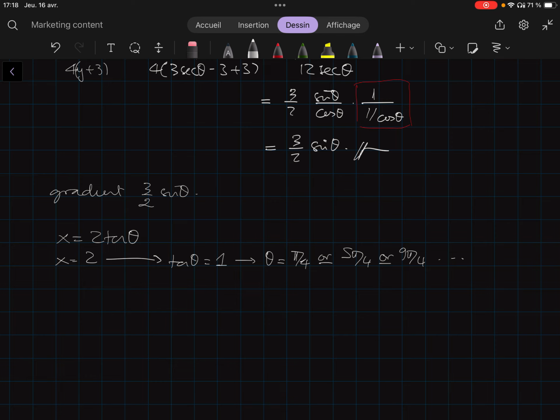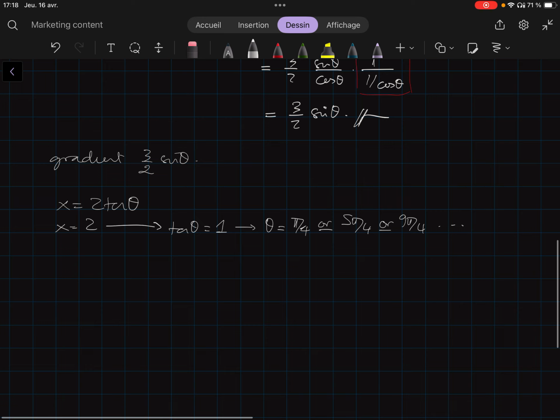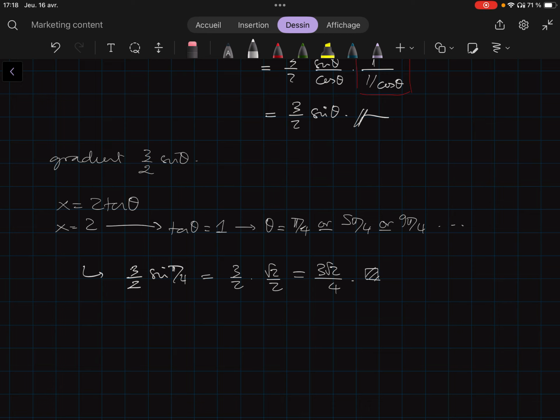This means that 3 over 2 sine of theta also has to be positive. And therefore, in this case, it is going to be 3 by 2 sine of pi by 4. Or 9 pi by 4. It will give you the same answer anyway. And you should get 3 root 2 by 4 as the final answer.